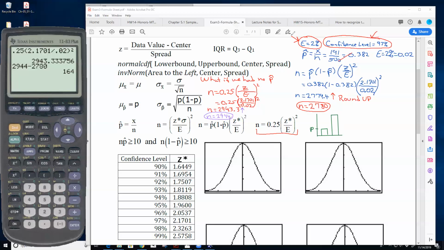So now let's consider another scenario. Let's go over here. So there's your population proportion, and here's the other category. Your population proportion is the height of this one.